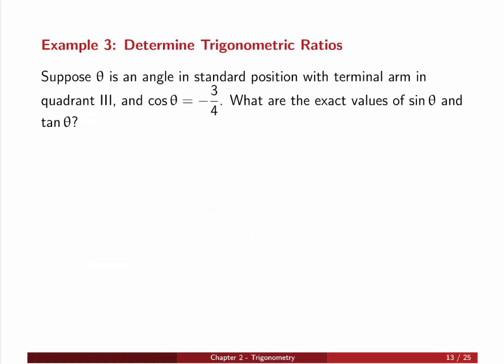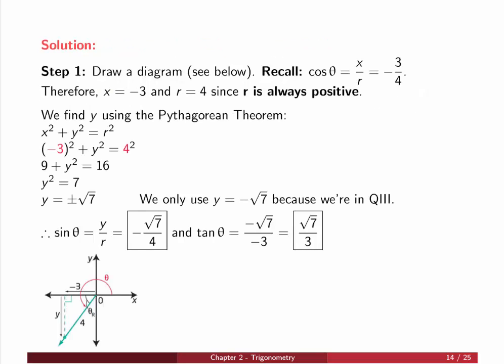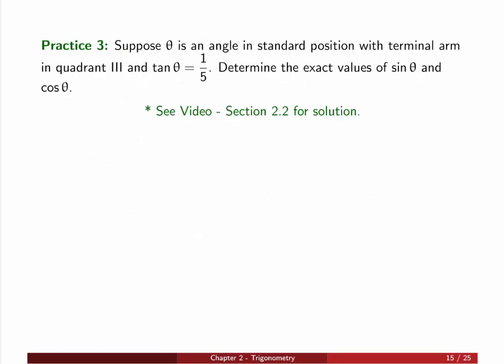Our next example, and we'll do one more in this video, in part 1 of 2.2, is determining trigonometric ratios. Suppose theta is an angle in standard position with terminal arm in quadrant 3, and tangent theta is 1 over 5. Determine the exact values of sine and cosine. What I would always do here is draw the situation.